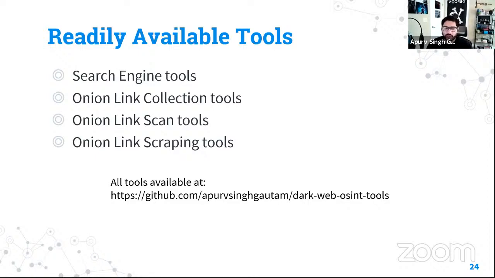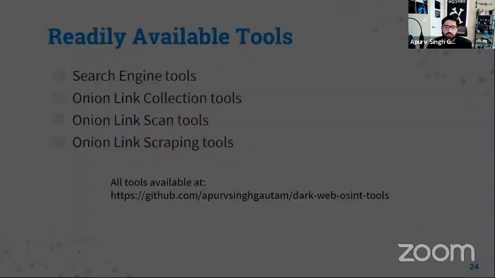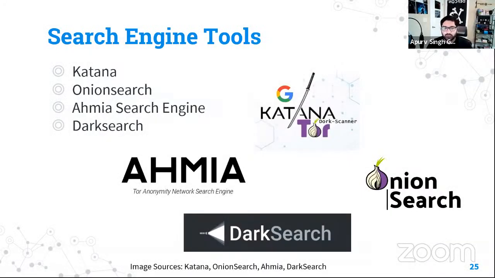And there were many tools available. So I created sections or topics for these tools. So there are 4 topics basically: search engine tools, onion link collection tools, scan tools, and scripting tools. And again, I've listed all of them on my GitHub repo here, so you can check them out later. So starting with search engine tools.